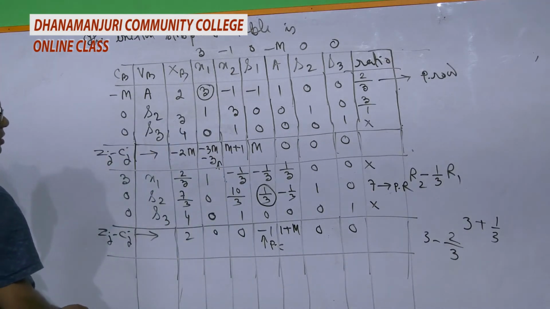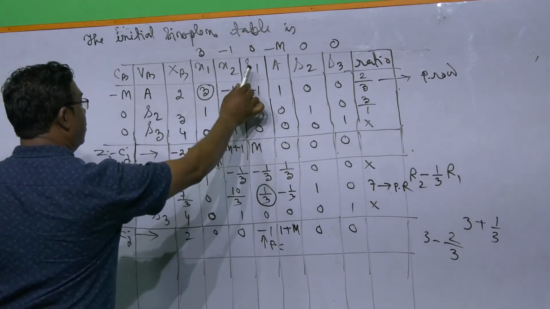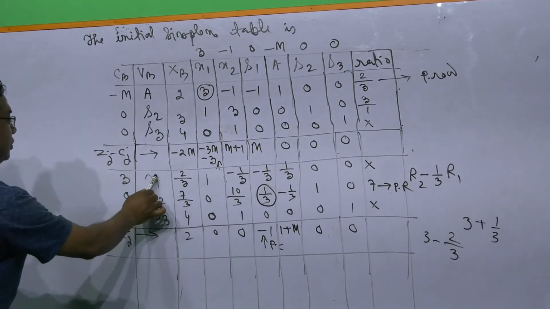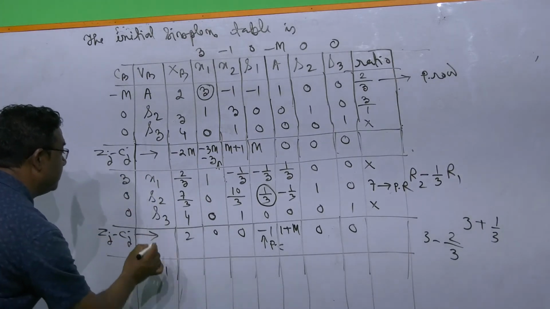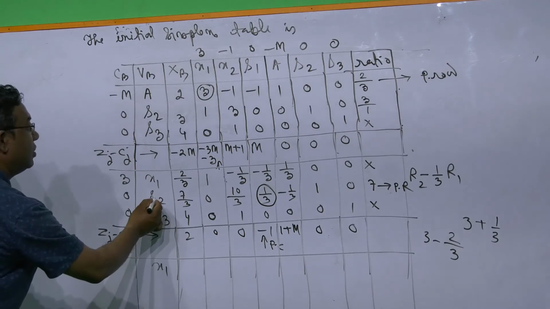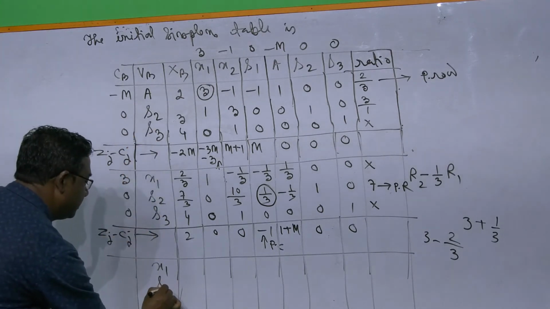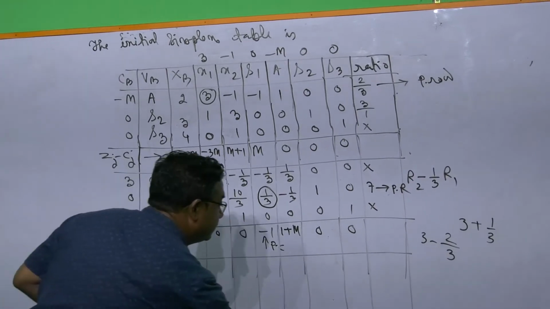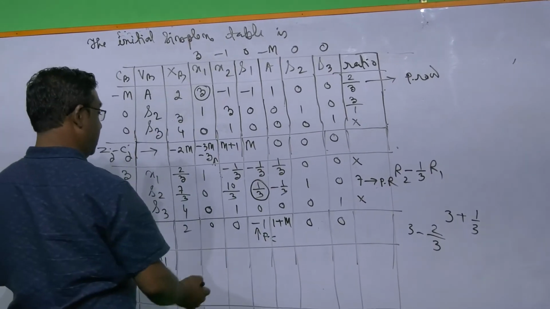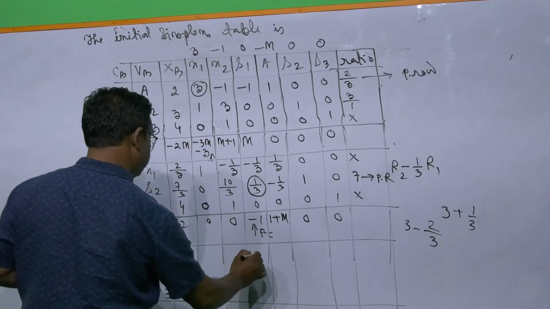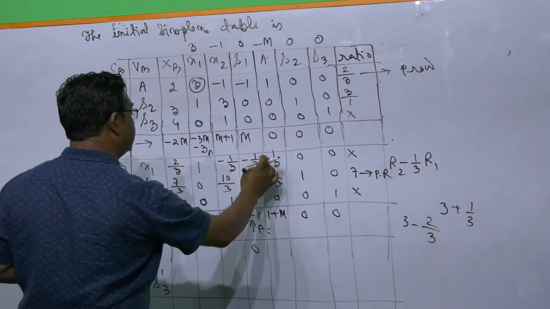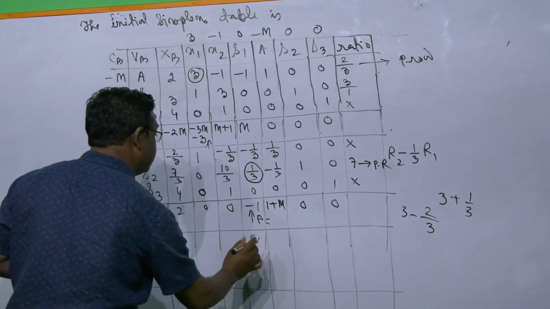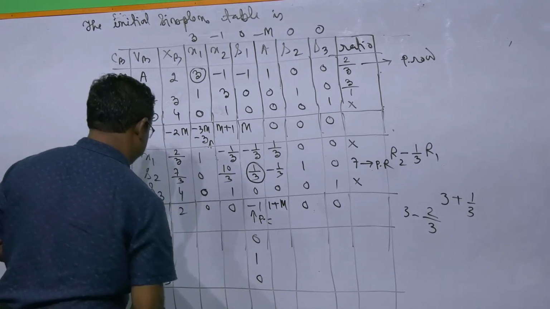So now S1 will enter the basis. So you write X1 is here. Instead of S2, you write S1, then S3. Then you write here 0, then you write this one, and this is 0.